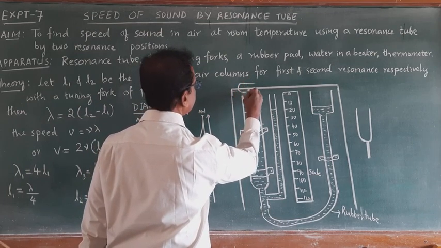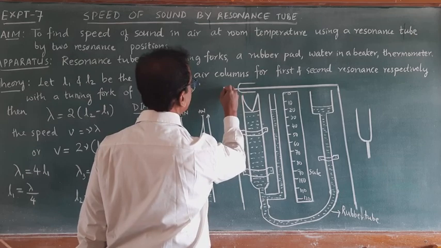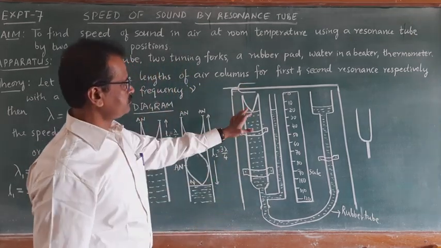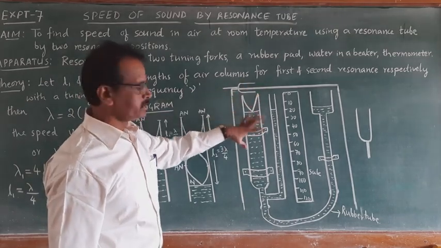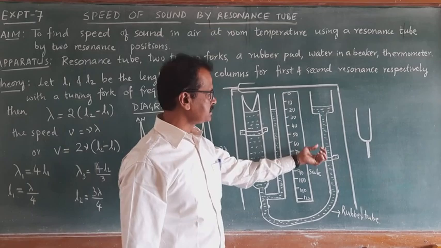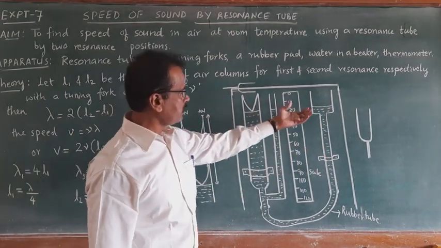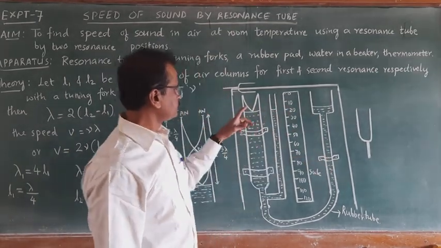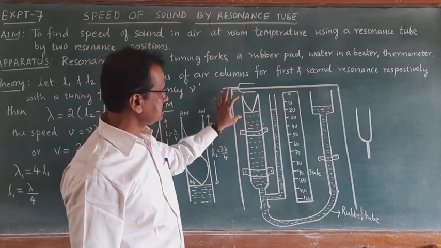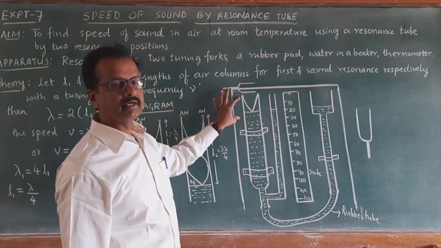The vibrating tuning fork will be held close to the mouth of this steel tube containing water, and then we go on adjusting the level of water. When we go on lowering this slowly, the water level decreases, then the air column increases.